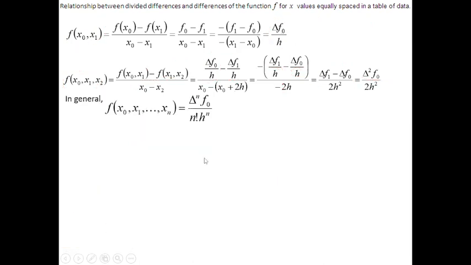So in general, this is the formula. This one is second order.